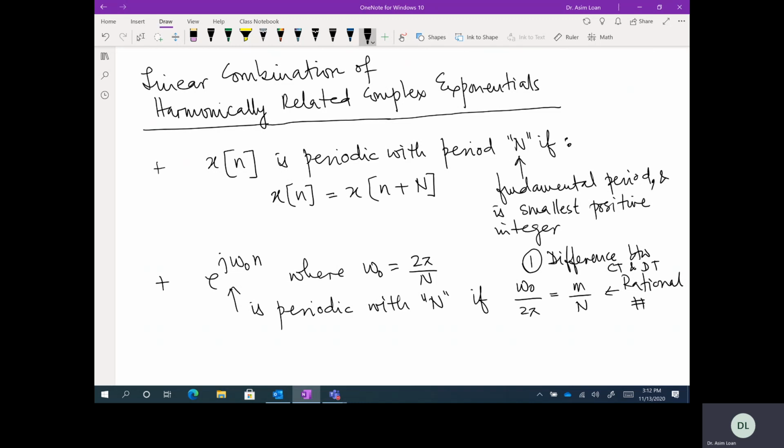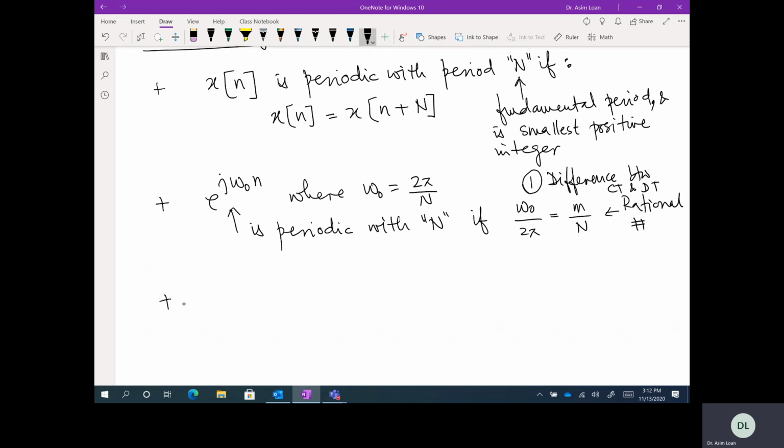And then your family of complex exponentials phi k of n, which is e to the j k omega naught n.